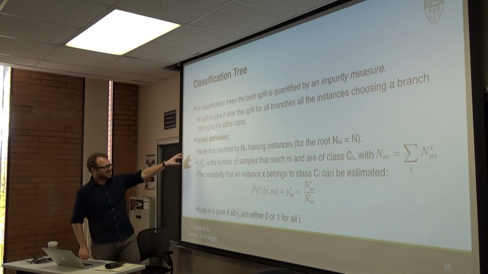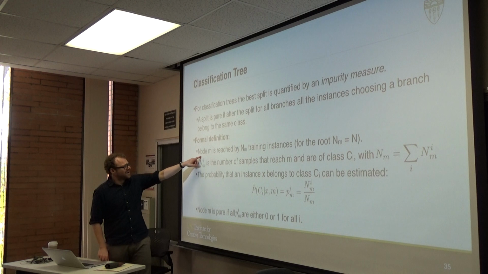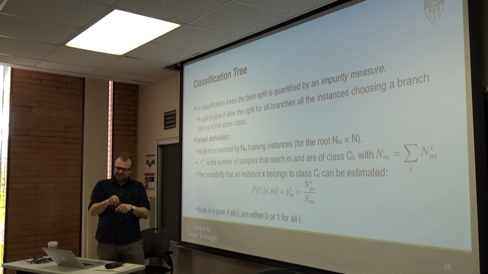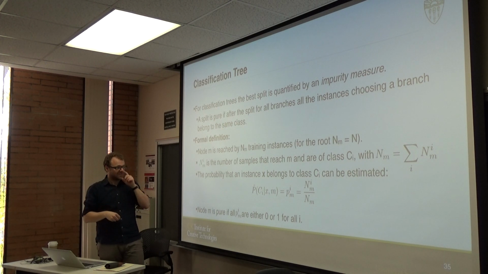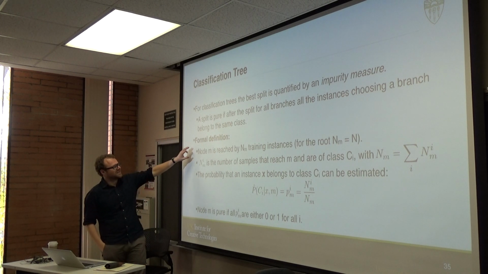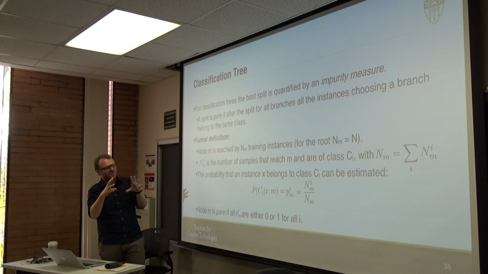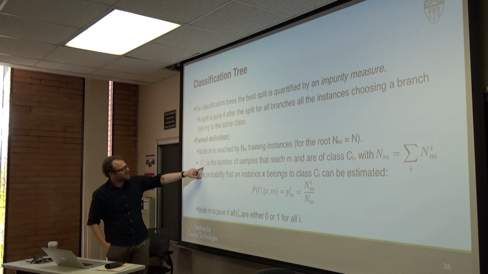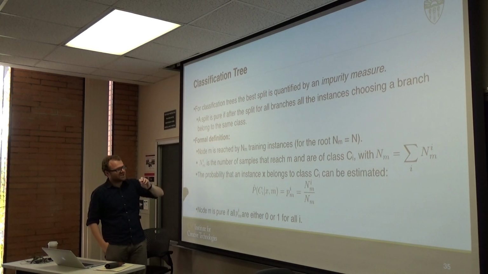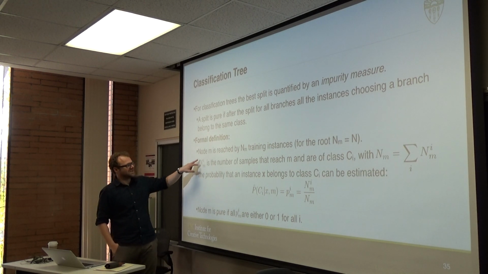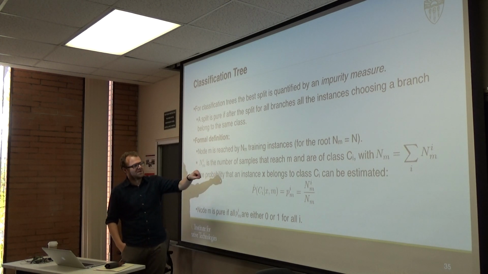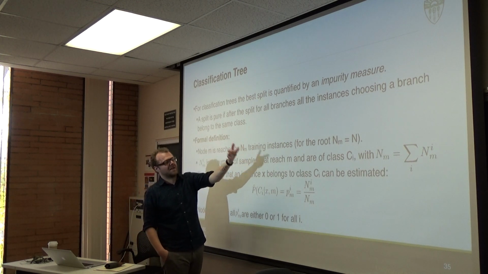For the formal definition, node M is reached. That basically means a data point trickles through the nodes of the tree, and if it reaches node M, that is now defined as the root node, and the number of data points that reach this node is N_m to the power of i. So it's the number of samples that reach node M and are of class i.